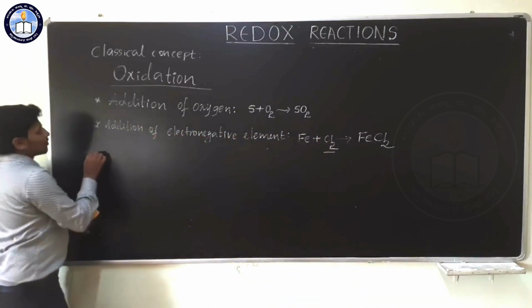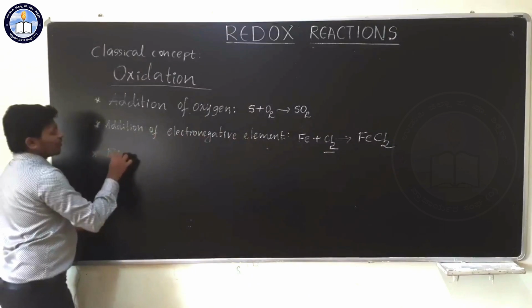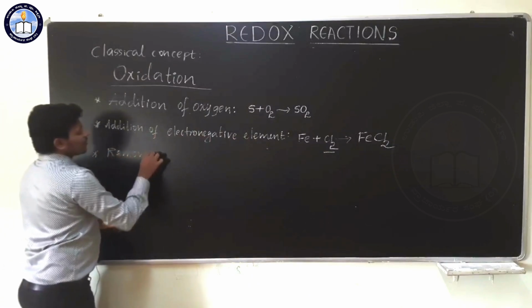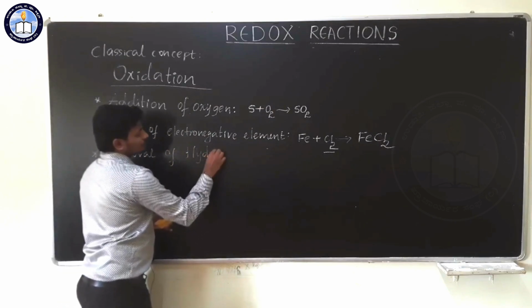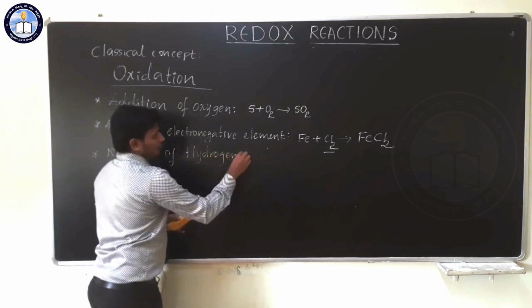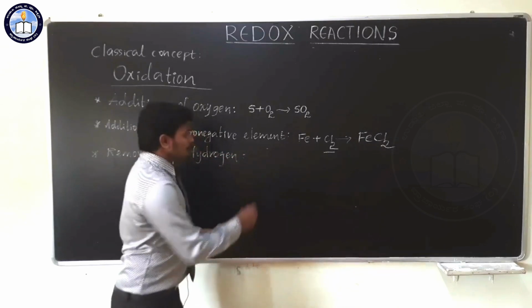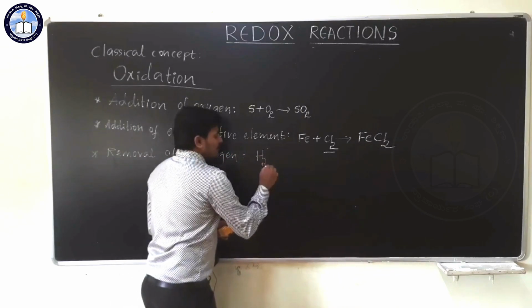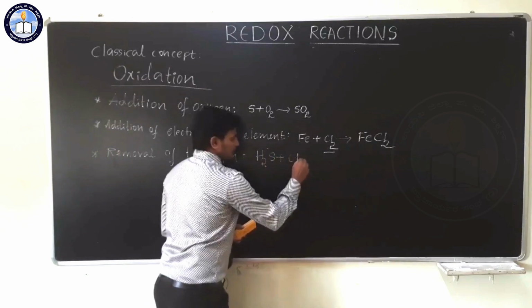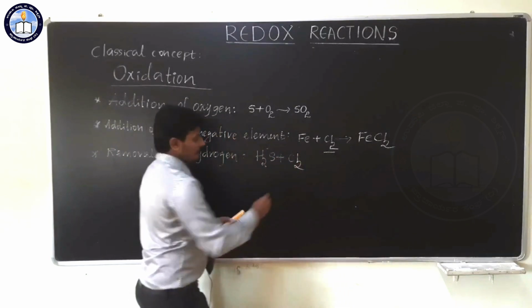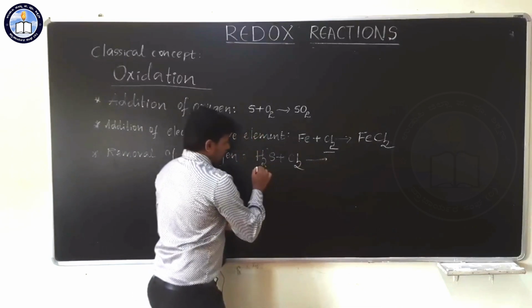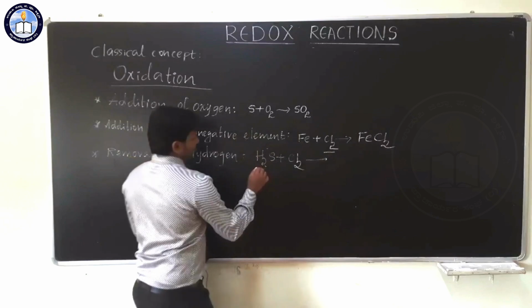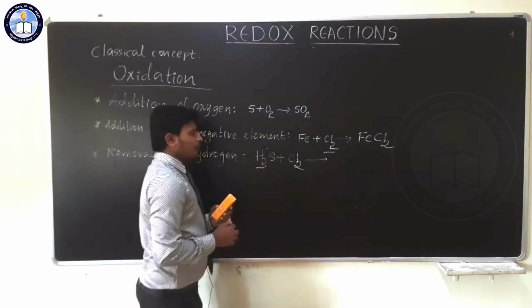Another definition will go, removal of hydrogen. Another definition for oxidation. For example, H2S plus Cl2. What we are getting is a very simple reaction. What you have to do is remove hydrogen, isn't it? We have to remove hydrogen.